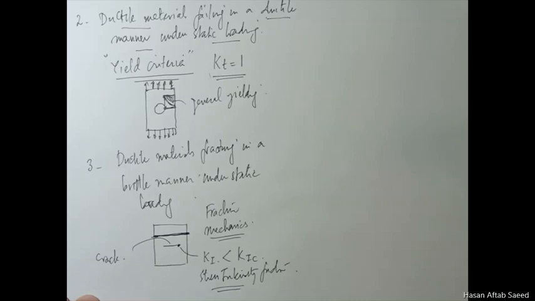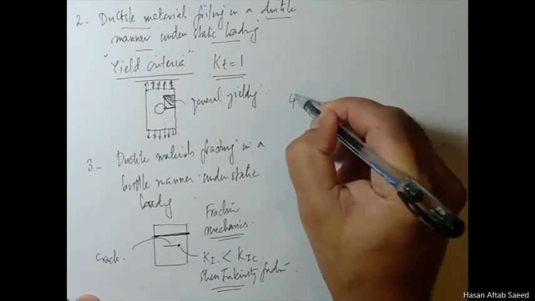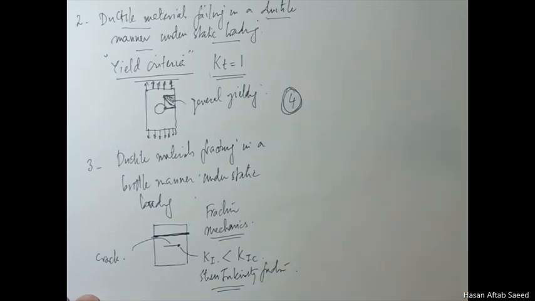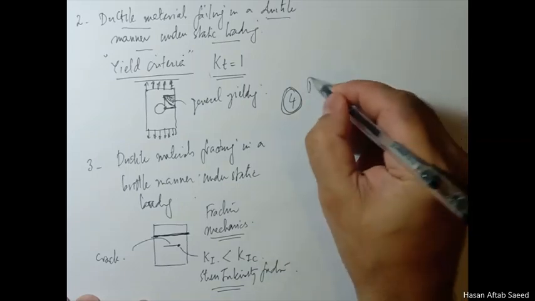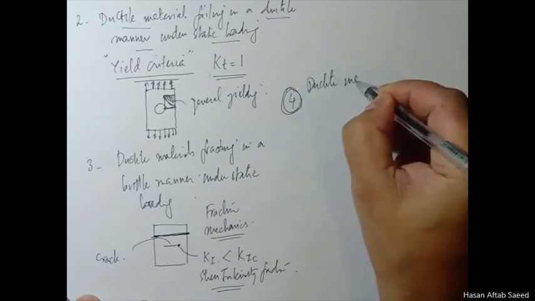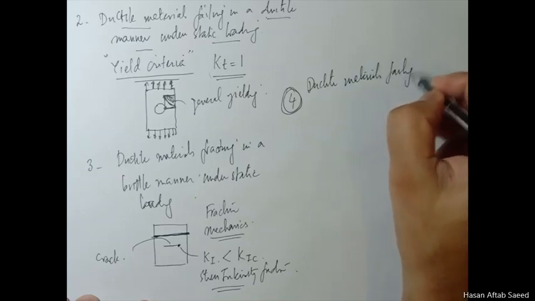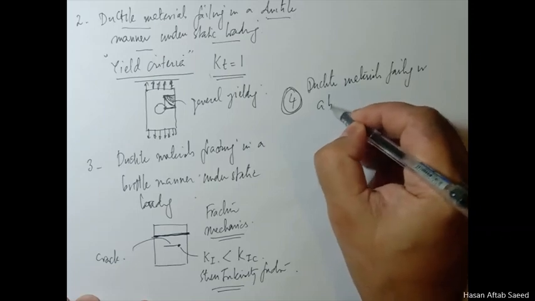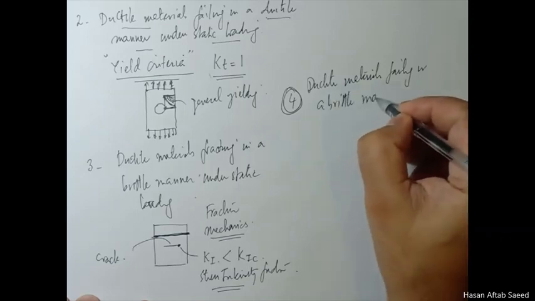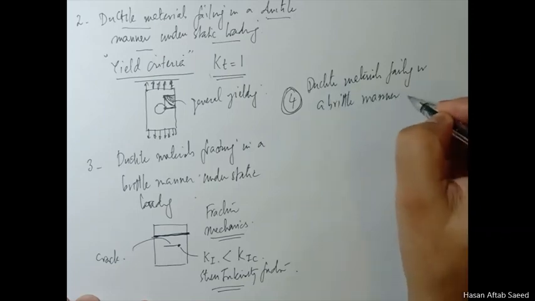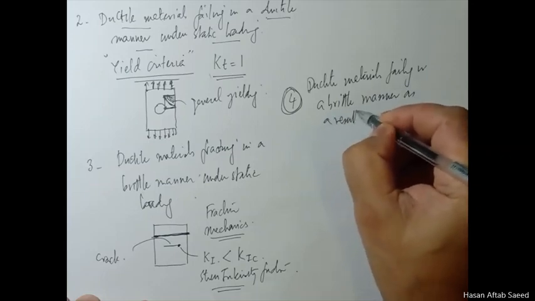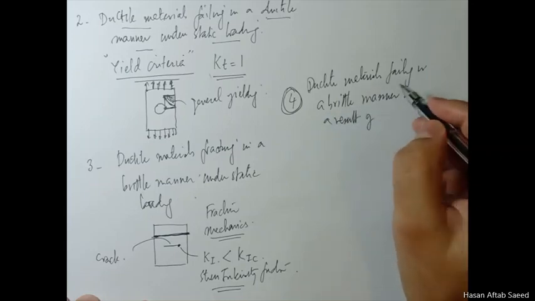Now we come to the fourth case, and the fourth case is the topic today. It is ductile materials failing in a brittle manner as a result of fatigue loading.